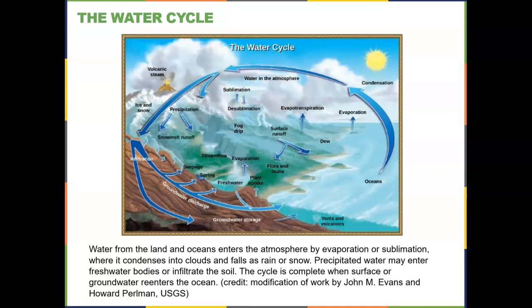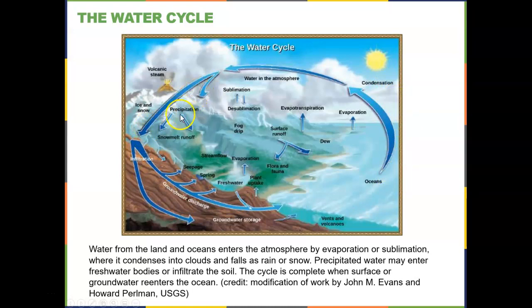Then we see that there's condensation and precipitation, which allow the gaseous form to return, and this arrow here is for evaporation. Condensation here is going to be in an opposite direction.